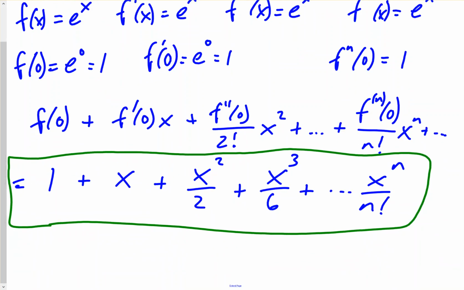You can say P sub n of x equals that, but this will be the polynomial. Alright, let's take a look at example 3.